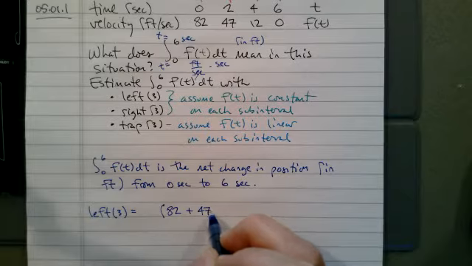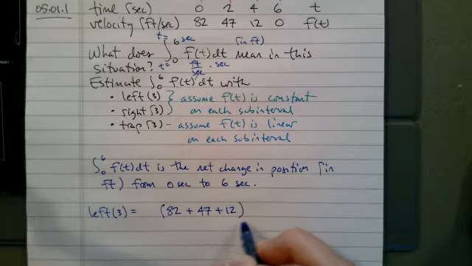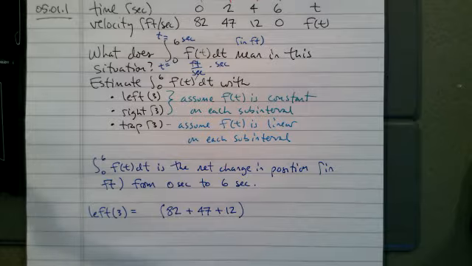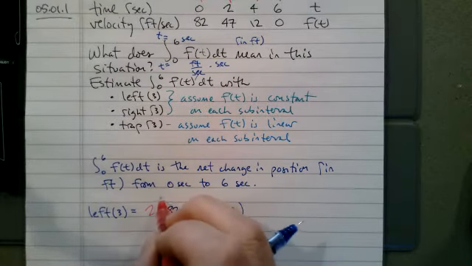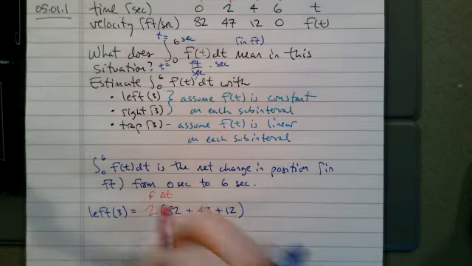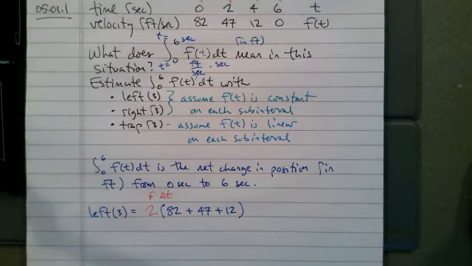So I'm going to take the 82, the 47, and the 12. Those are the left endpoints of the 3 intervals. The delta t is every 2 seconds. Since we're looking at rectangles and they all have a width of 2 seconds, we can just factor out the 2.